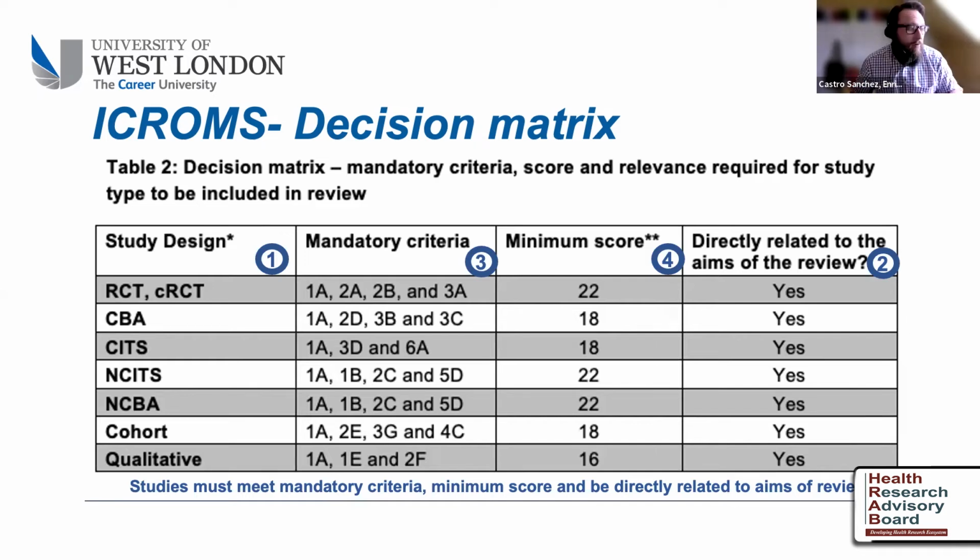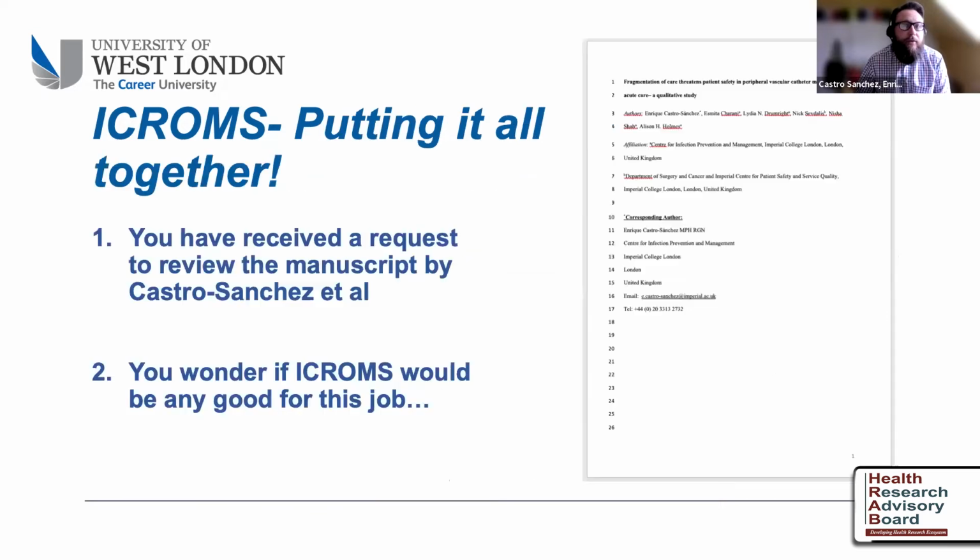So remember what Rahila said, if there is anywhere where you cannot have an opinion because you're not an expert, then be explicit, be clear about that. But otherwise, you could use the ICROMS to structure your reporting. So this is the crash course about the tool. And now is where we are going to be putting it all together.